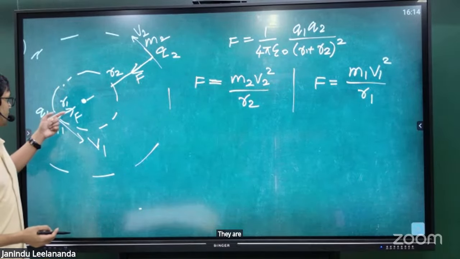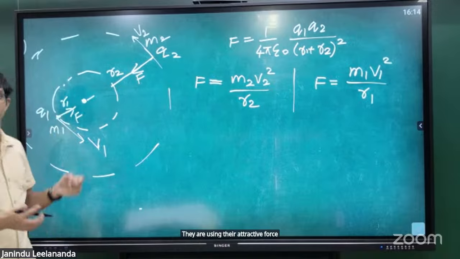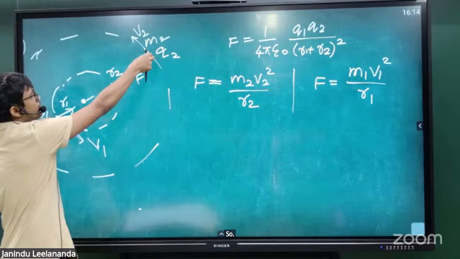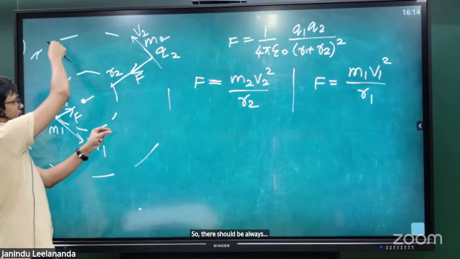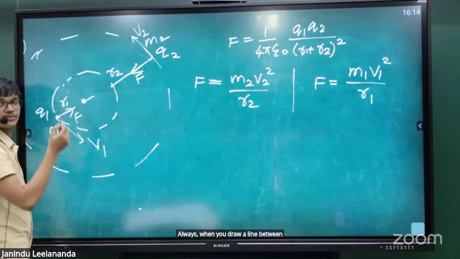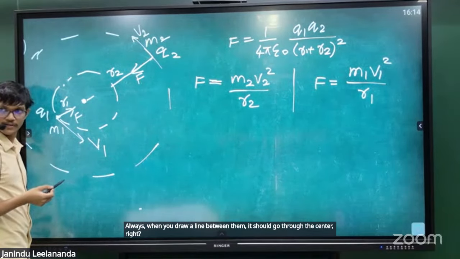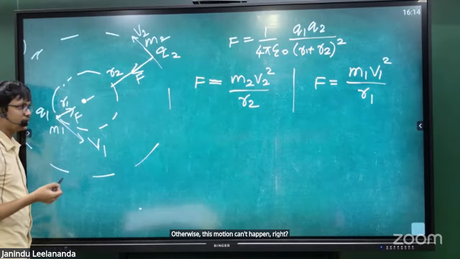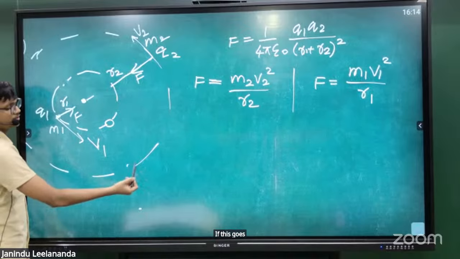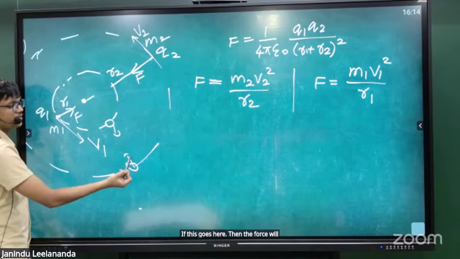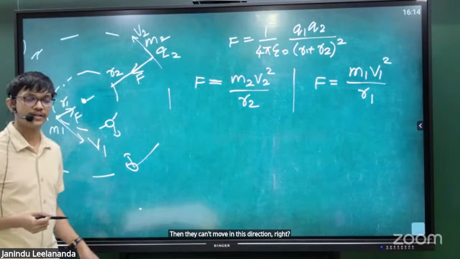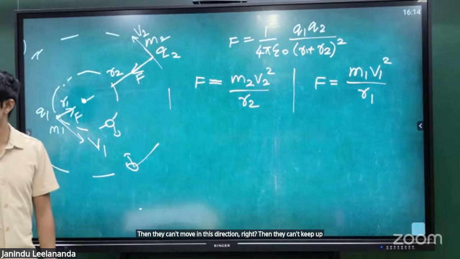They are using their attractive force as the centripetal force, so when you draw a line between them, it should always go through the center. Otherwise this motion can't happen. Assume when this goes here, then the force will act like this, and then they can't keep up this circular motion. Clear?